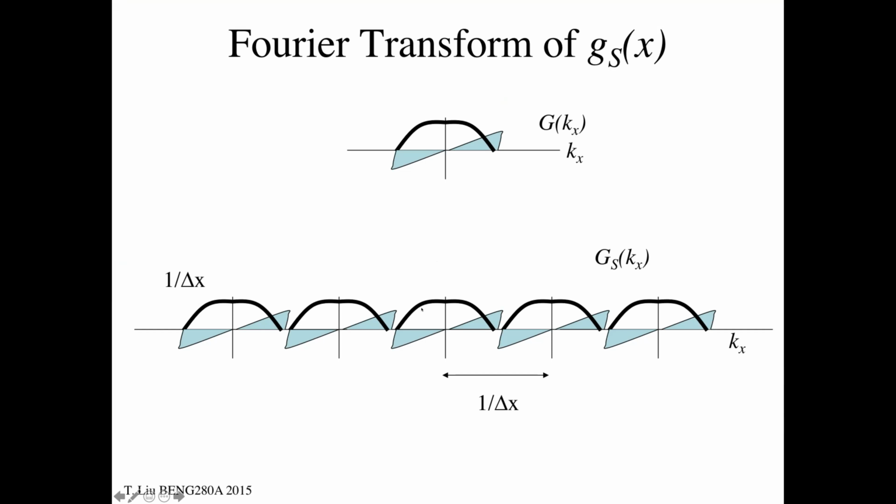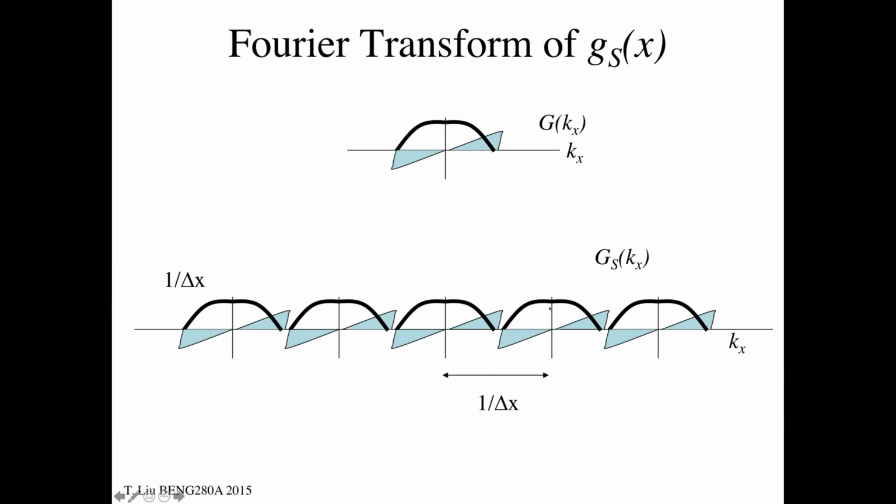All is well and good in representing the Fourier coefficients of this function if our delta x, our sampling of the original function, is chosen such that the separation is far enough apart that the amplitude of the sinusoids decreases so they don't overlap between these replicants.